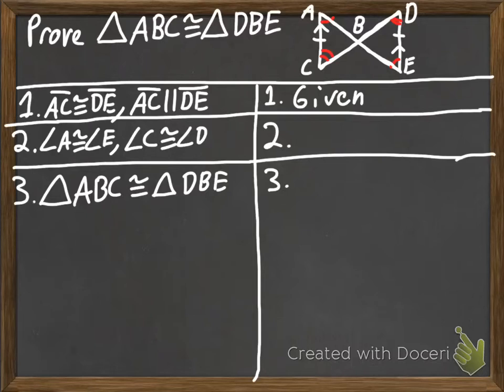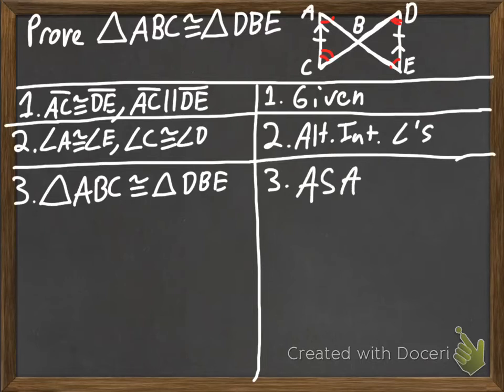So that's why those are congruent, because of the alternate interior angles. The last step says triangle ABC congruent to triangle DBE, and if we look at our picture we have an angle, a side, and an angle, so that's our postulate, the angle, side, angle postulate.